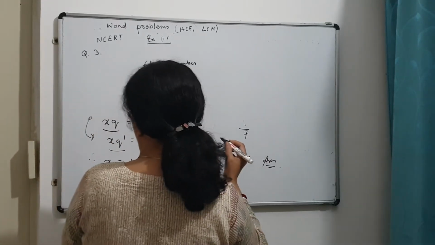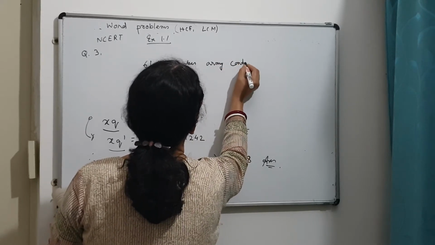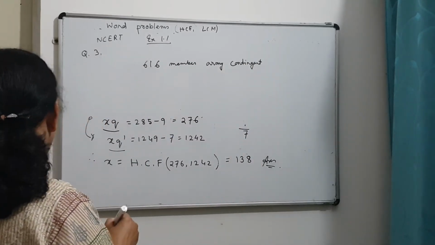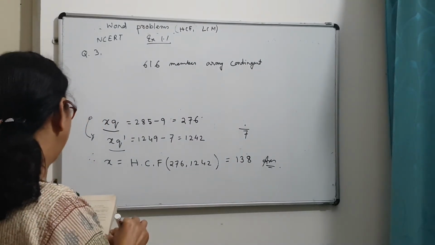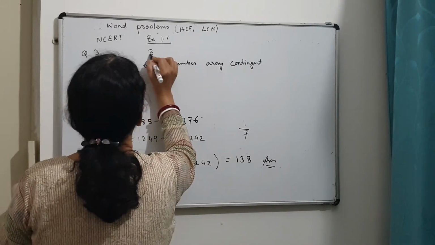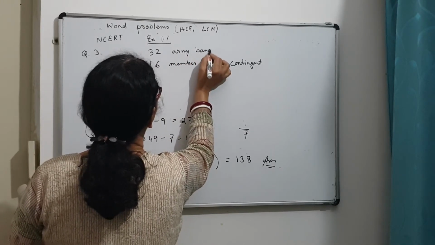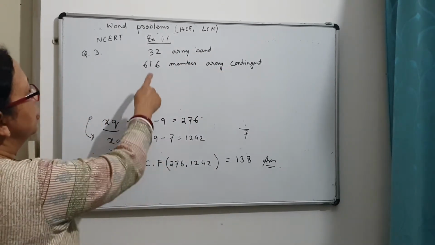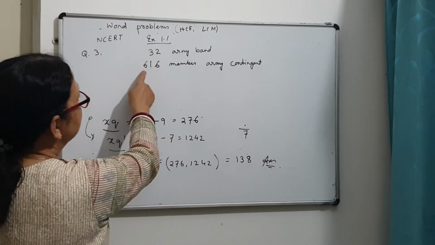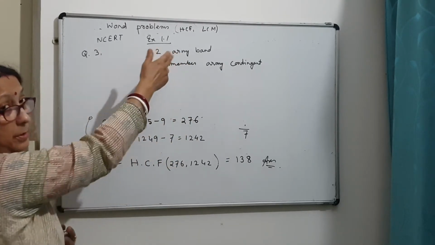Army contingent is to be marched behind an army band of 32 members, army band. So 32 persons are there, and 616 army people will follow these 32 members in the band.